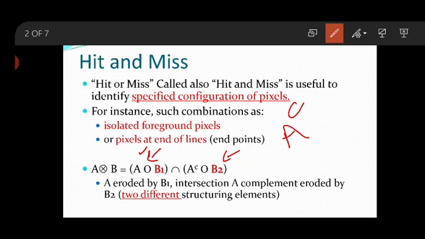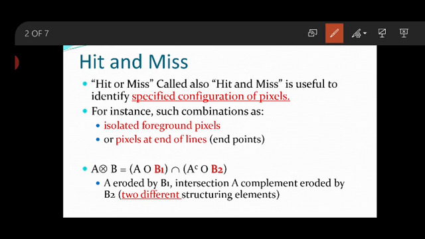After the complement operation, you perform erosion with the B2 element. B2 is again a structuring element. Two structuring elements are considered for hit and miss, one is B1 and one is B2. That is, A eroded with B1 and, vice versa, the complemented image eroded with B2.